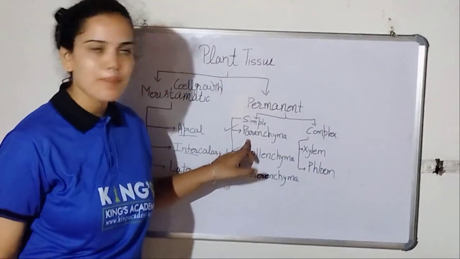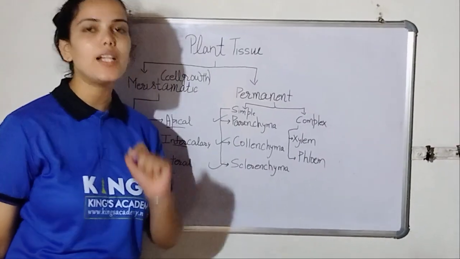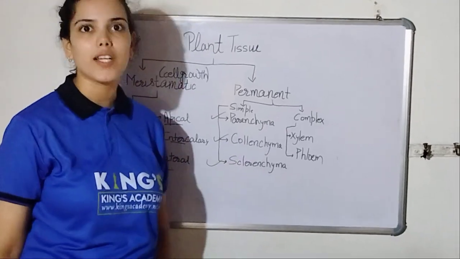After parenchyma cells, there is another kind of simple permanent tissue known as collenchyma.